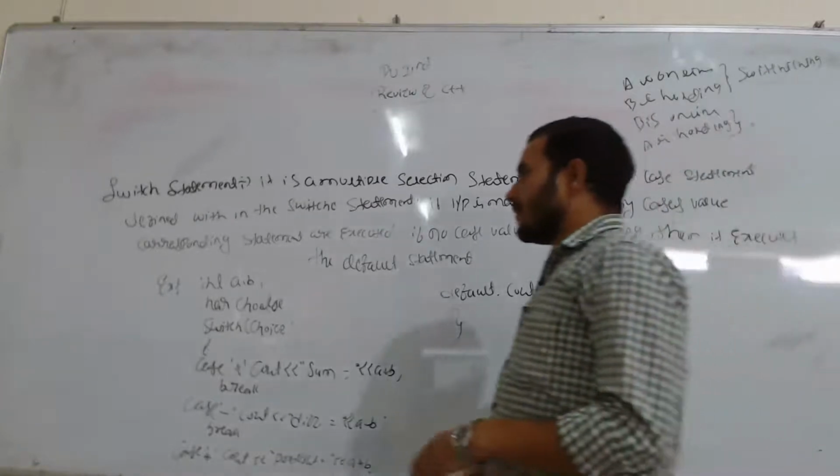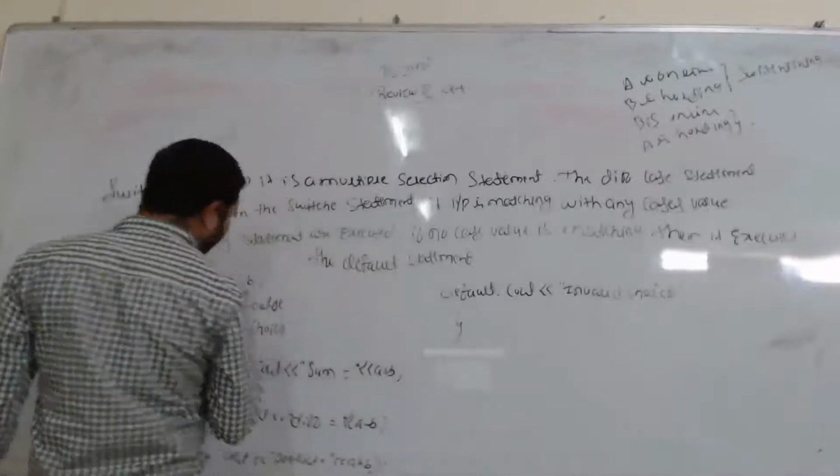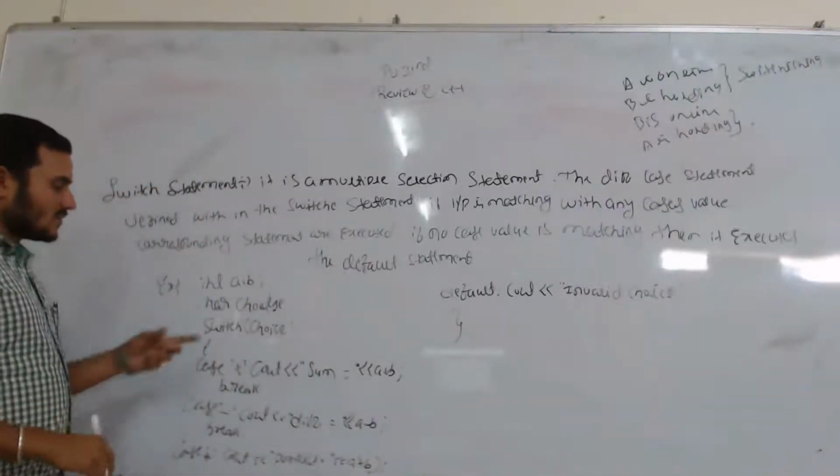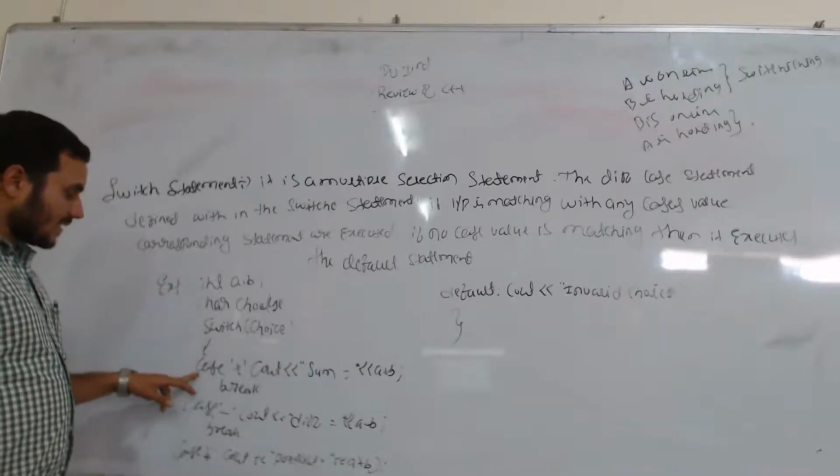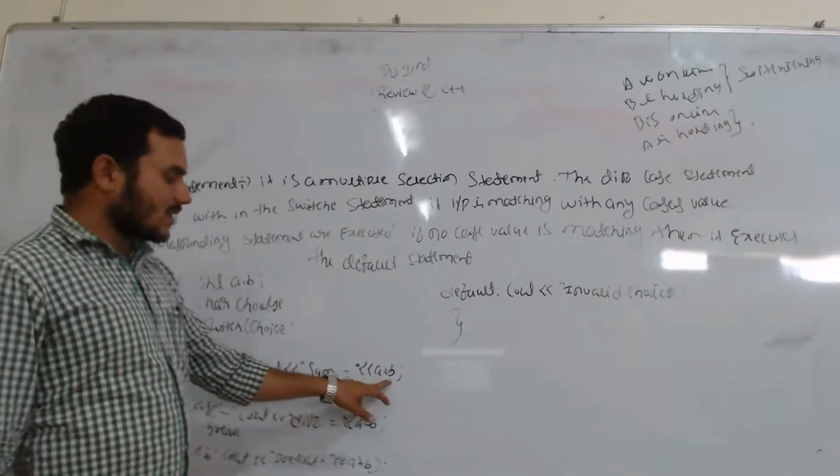So here is an example: int a comma b, character choice is yours, switch choice, you have to make a choice. Open brace, case cout sum a plus b.